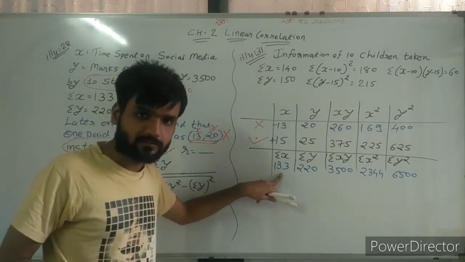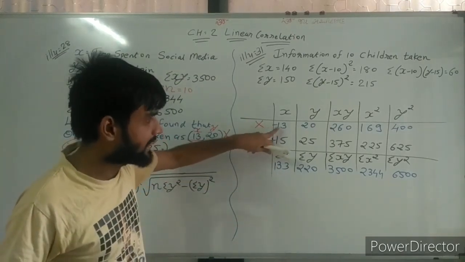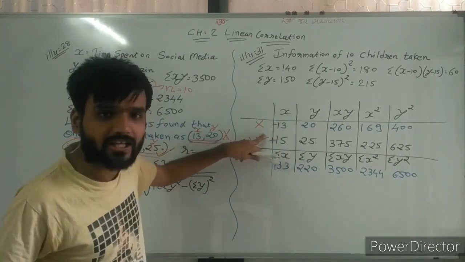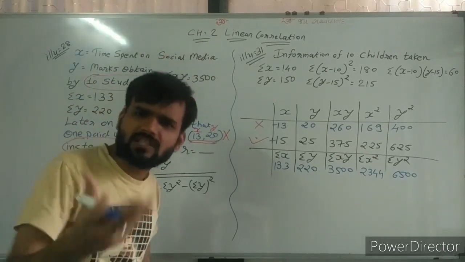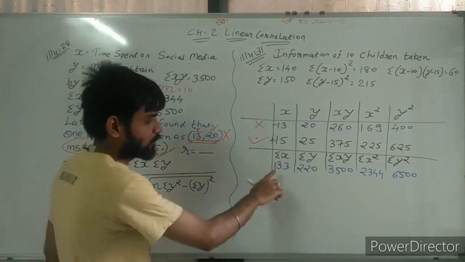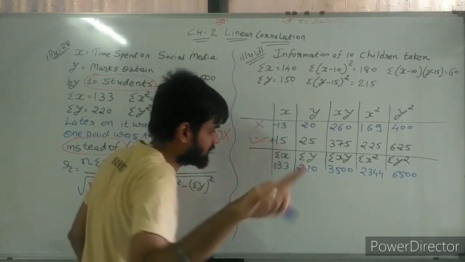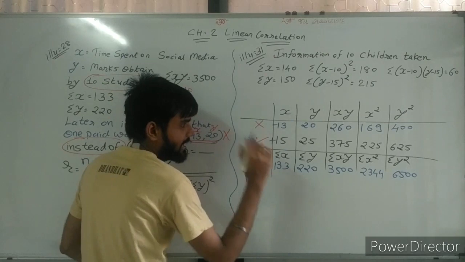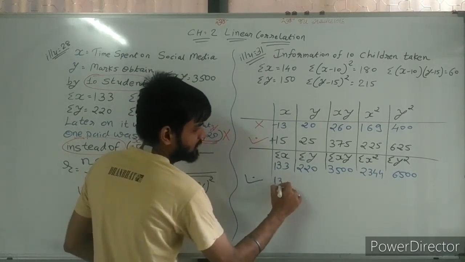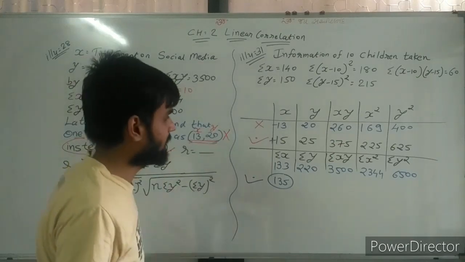So 133 plus 15 minus 13. Why are we deducting? Because wrong means deduct, add the correct thing. Simple. So 133 minus 13 plus 15, you will get the correct answer of sigma x, and that is 135. This is the correct value.